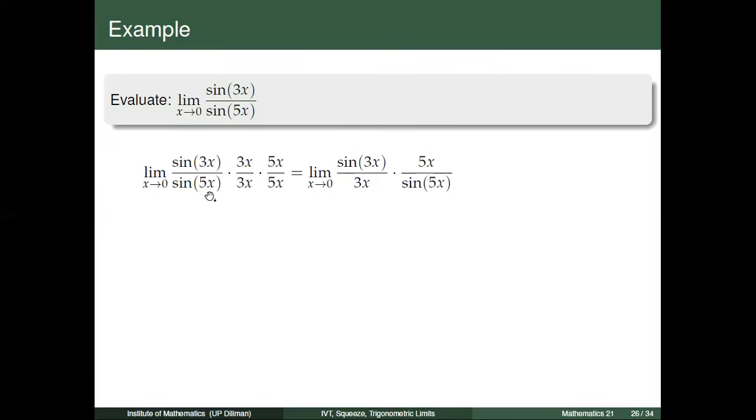And what remains unused is 3x over 5x, or 3/5. By our generalized results, the limit of this is 1, the limit of this is also 1, so we get 1 times 1 times 3/5, or 3/5.